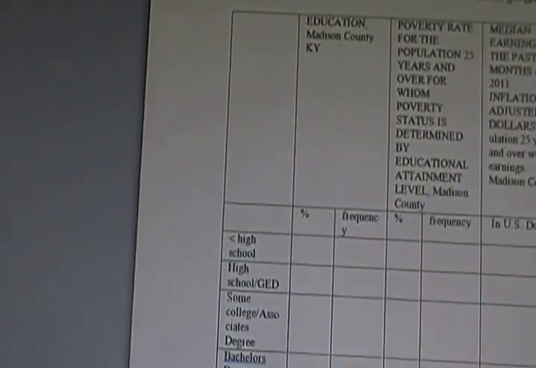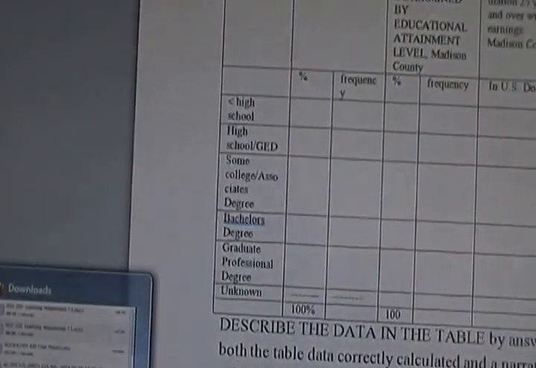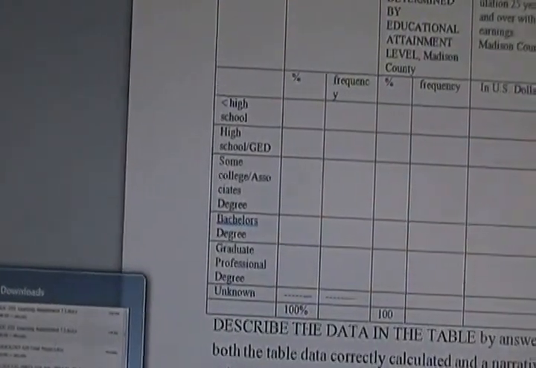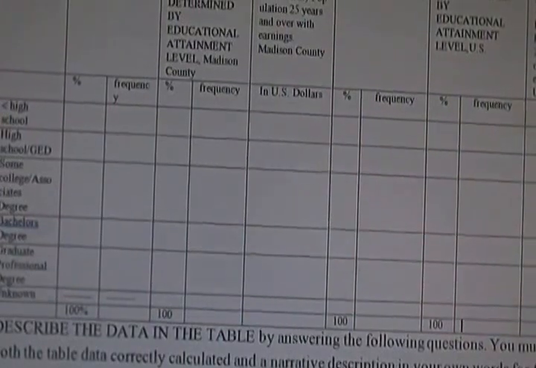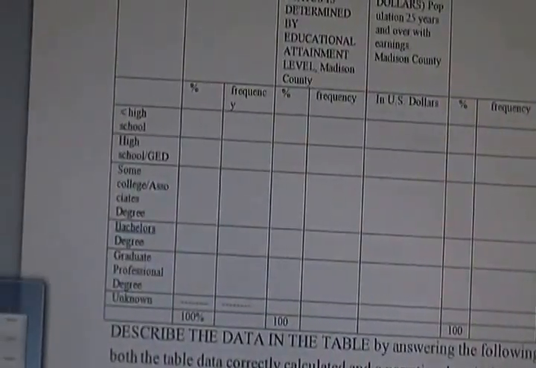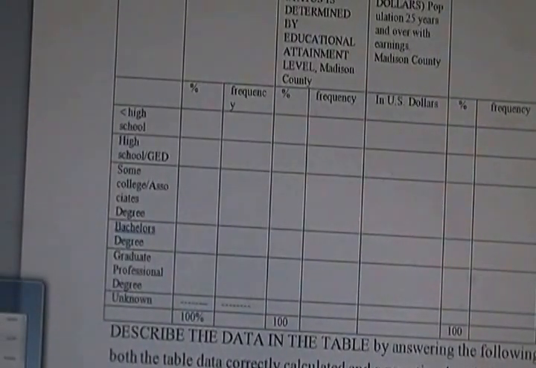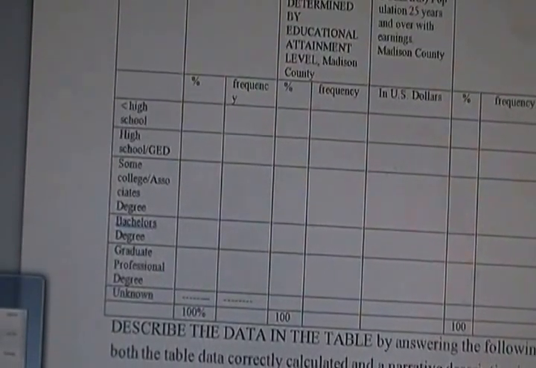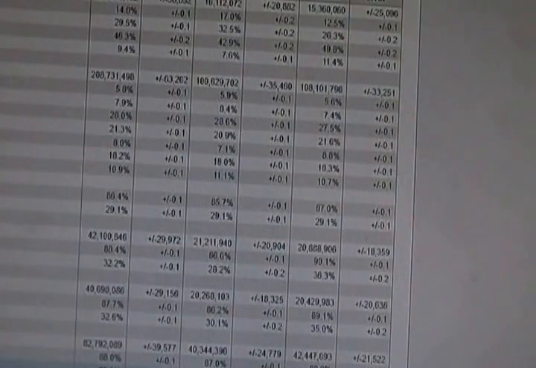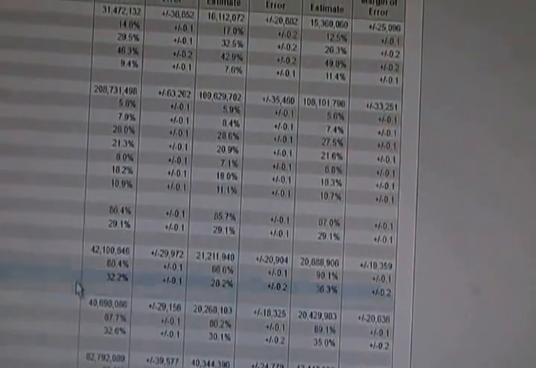So let's go down here. What I'm asking you is education for Madison County and the United States to compare education rates. A lot of people got confused, and if you're not working with this kind of data, it's understandable, about what to look for.